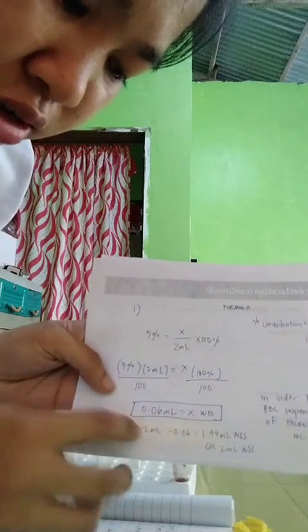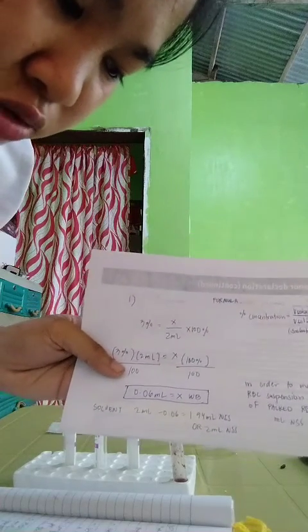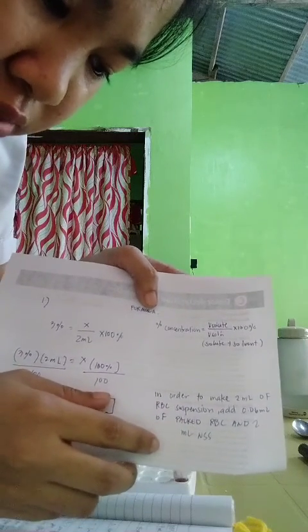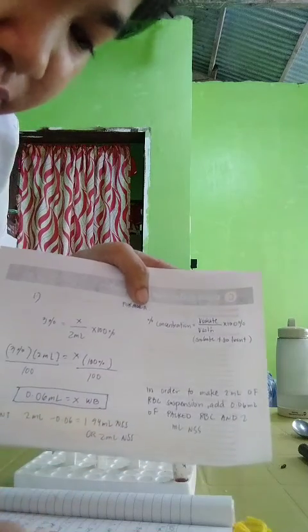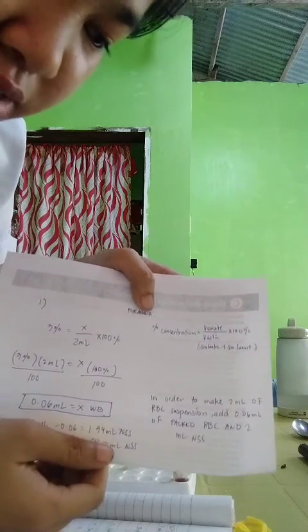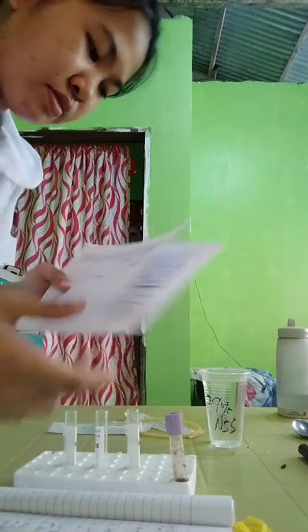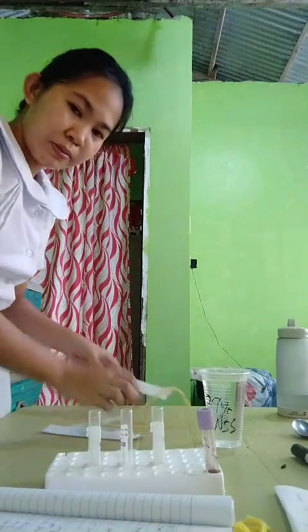So for the whole blood, we have 0.06 ml, and for our NSS, we have 2 ml. So in order to make 2 ml of RBC suspension, we should add 0.06 ml of packed RBC and 2 ml of NSS. So we will proceed now with our dilution.